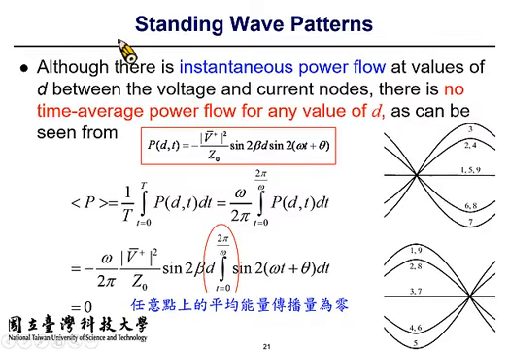If you take the so-called time average, you see that this mark refers to the time average of the signal. So if you take the time average of the power function, P as a function of d and t, and you integrate over one period, that is t equals 0 to capital T, that's one period, and divide by the capital T, the period, then you will have the so-called average power at a specific point.